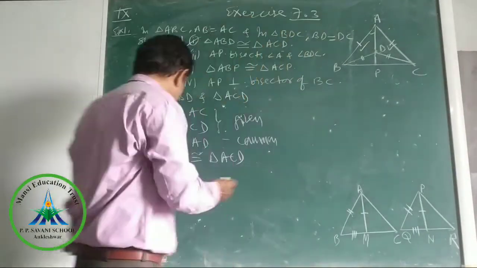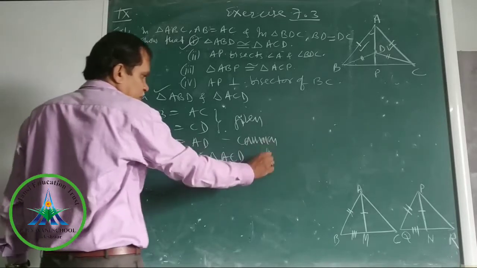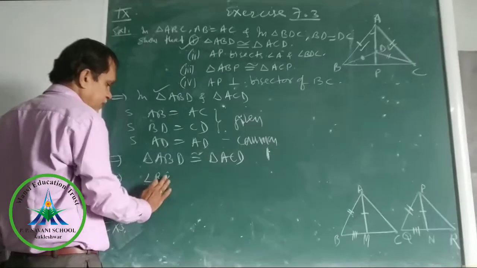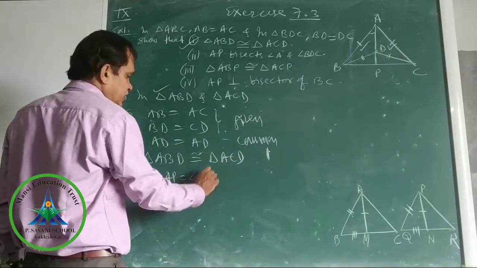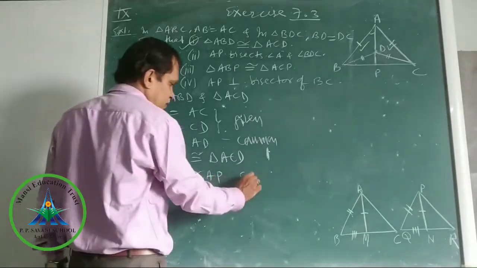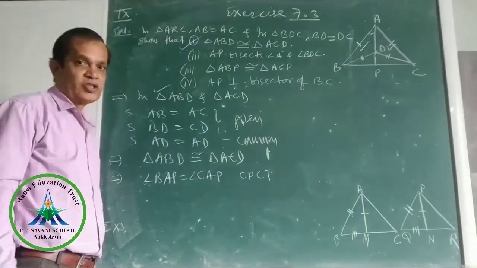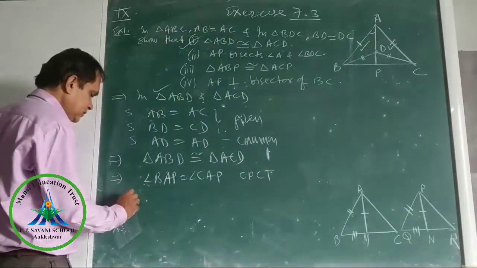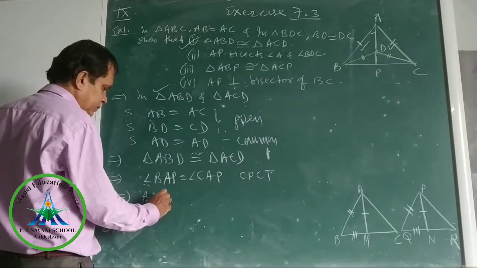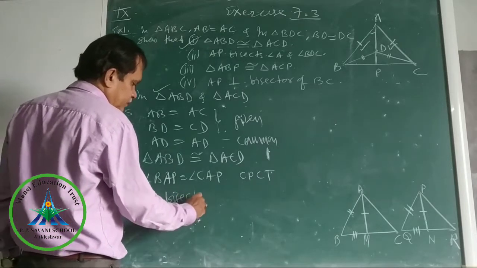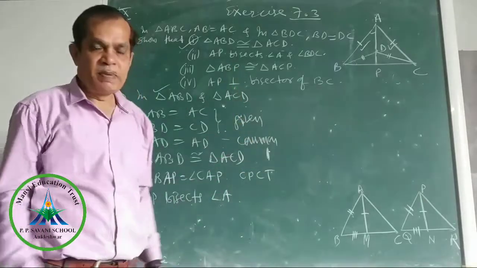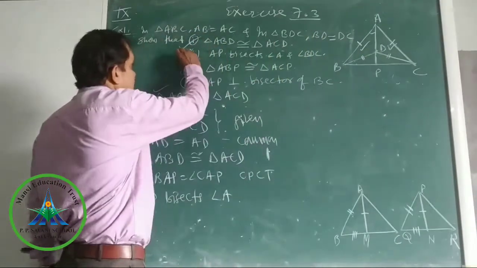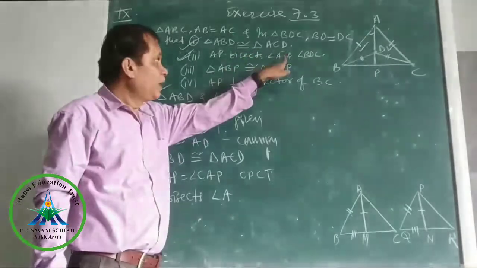This implies the first part is proved: angle BAP equal to angle CAP, corresponding parts of congruent triangles. And if these angles are equal, AP bisects angle A. AP bisects angle A. The first part is done, up to angle A.